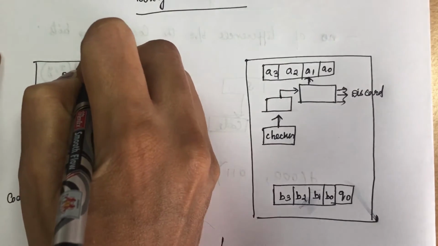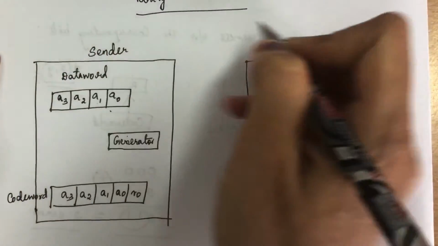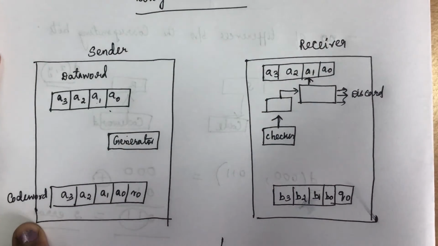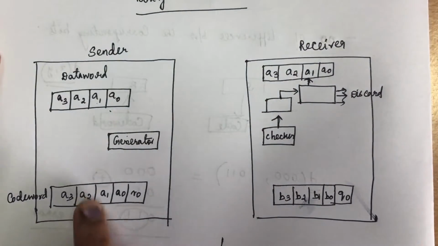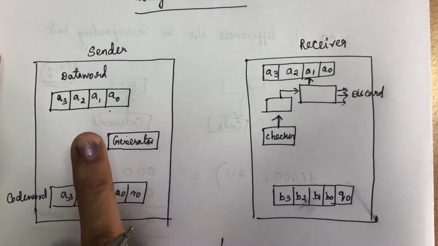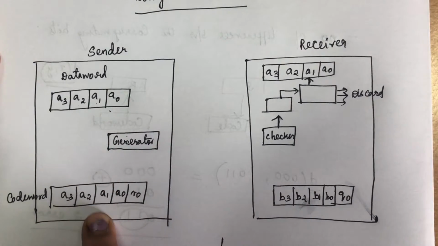This is the sender side, and here we have the receiver side. On the sender side, we generate this code word by adding a parity bit called r_0. Only one bit will be added to this data word, and we will get the code word.